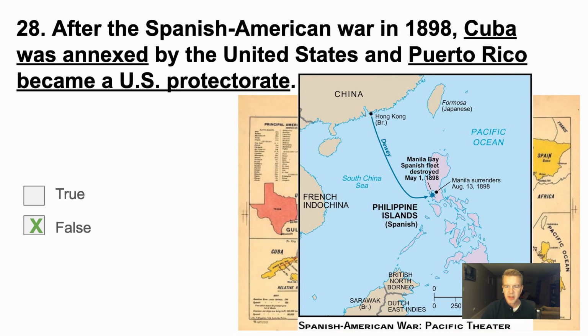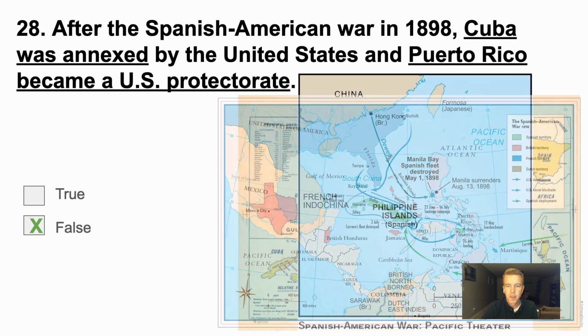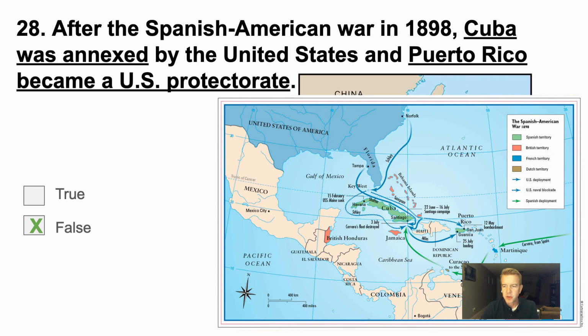The first battle of which was at the Battle of Manila Bay, where they destroyed the Spanish fleet. Notice that's in May of 1898. It's not till August that us, fighting with Filipinos, defeat the Spanish in terms of their land forces. Okay, this is showing the things going on in the Caribbean, which is the other theater of fighting during the Spanish-American War.